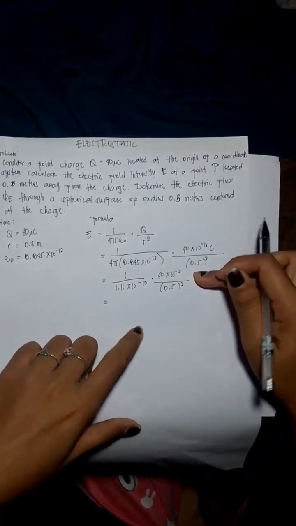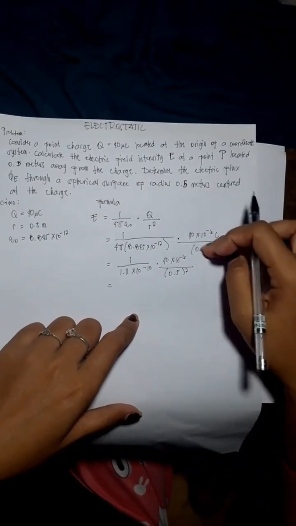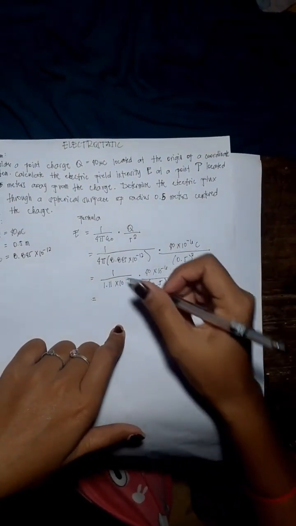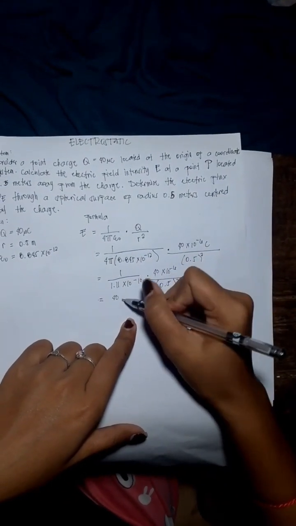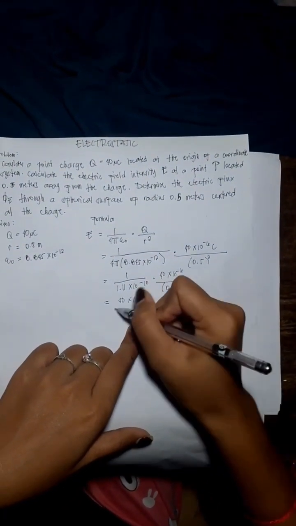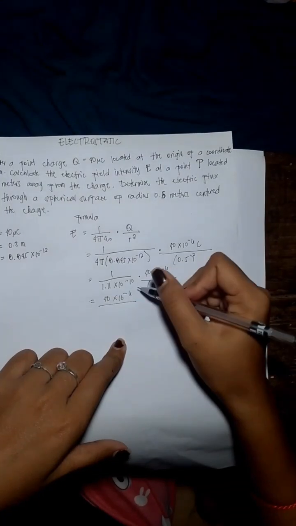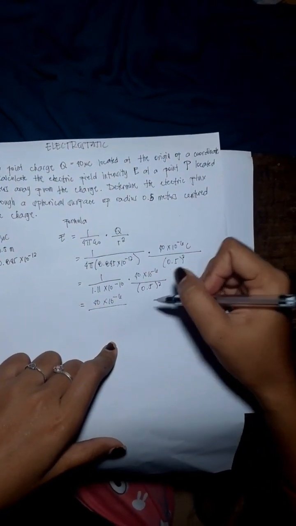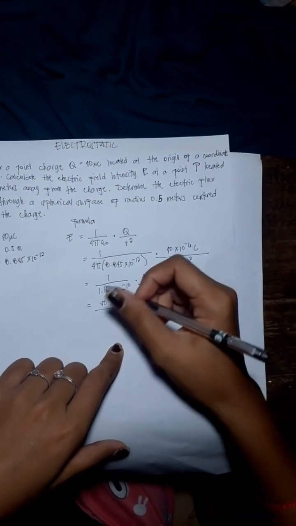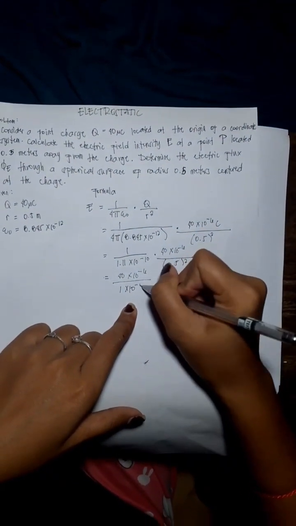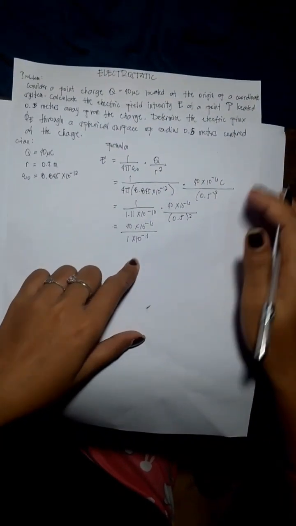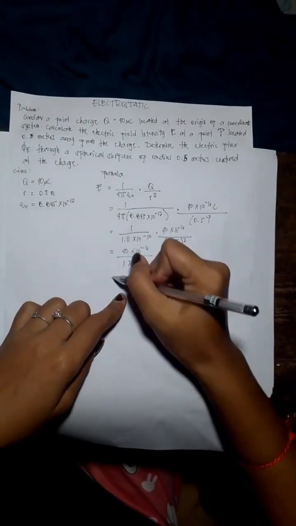Then we multiply both numerator and denominator: 1 times 40 times 10 to the negative 6 is 40 times 10 to the negative 6, and the denominator, 1.11 times 10 to the negative 10 times 0.5 squared, is 1 times 10 to the negative 11.